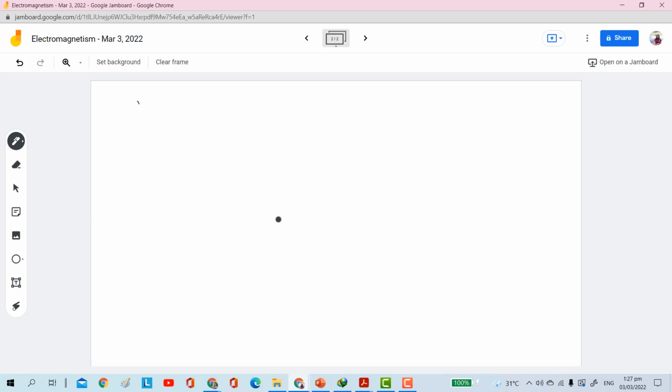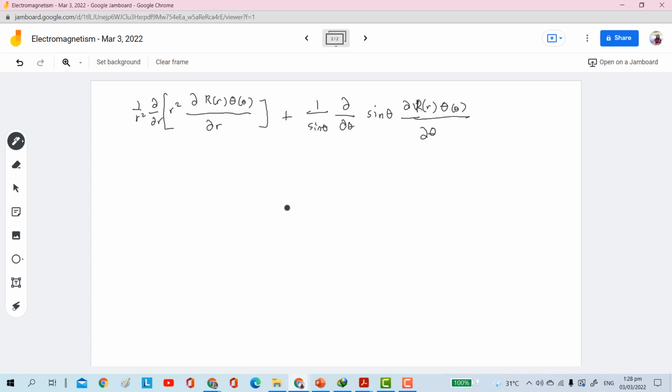So if V is equal to R times Theta, then you have 1 over r squared, partial derivative with respect to r of r squared times the partial derivative of V, where V is R as a function of r multiplied by Theta as a function of theta, divided by dr. Plus, you have 1 over sine theta, partial derivative of sine theta dV, where we replace V with R and Theta, d theta here.